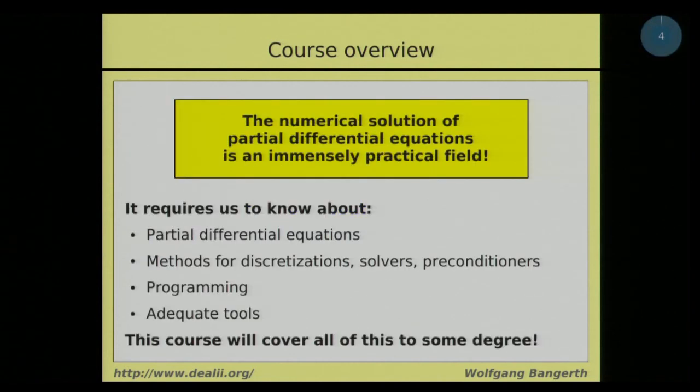So from a practical perspective, solving partial differential equations on computers is a very practical field. It is not so much concerned with writing down equations and analyzing them very carefully on a piece of paper, but it has a lot to do with interacting with people from applied fields.